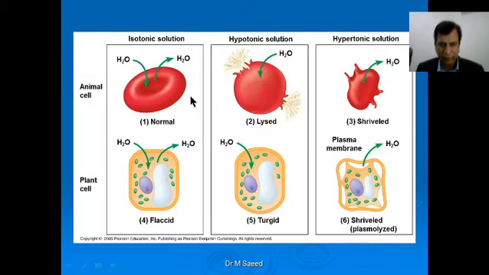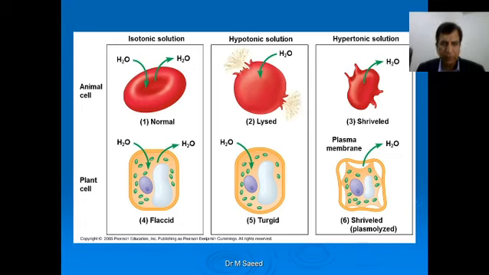This is the diagram showing the effect of hypotonic solution and hypertonic solution. This is isotonic solution. Isotonic solution to keep the normal shape of the RBCs is 0.9% sodium chloride.